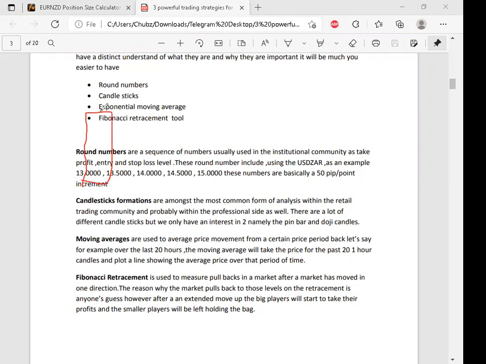The average price would be halfway, so that would be 13.50. For that particular day, the average price was 13.50.